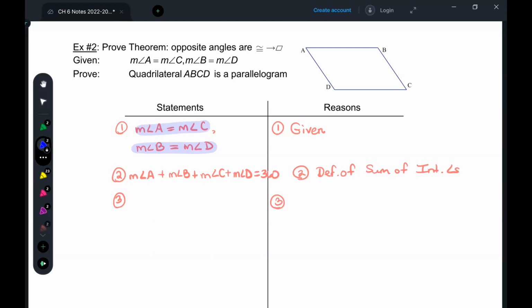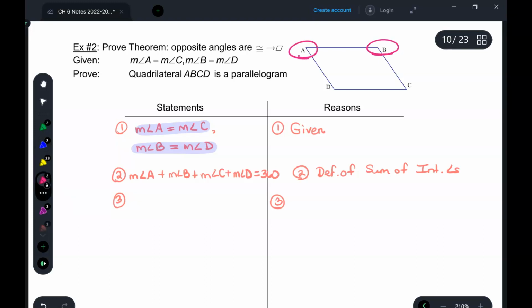So I'm going to make two statements here. Which ones do we want to get? We want to get A and B, and then maybe B and C? Can we get that? So let's see.